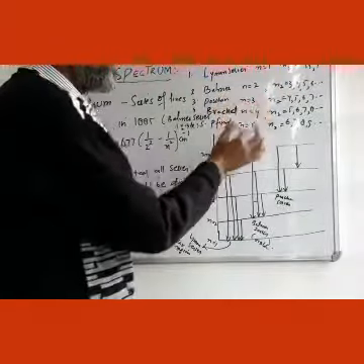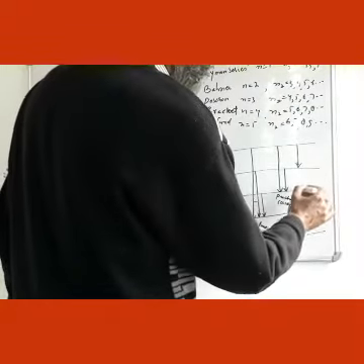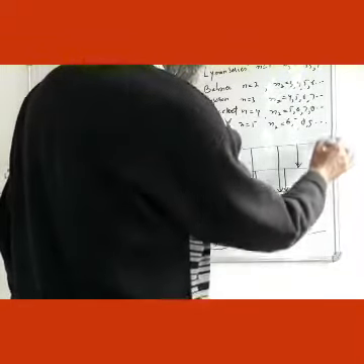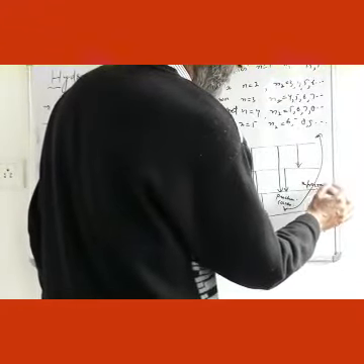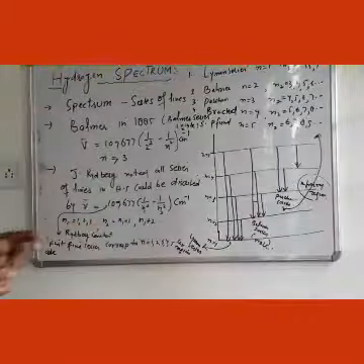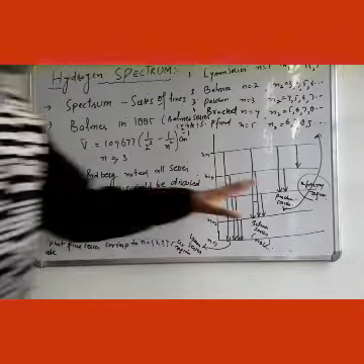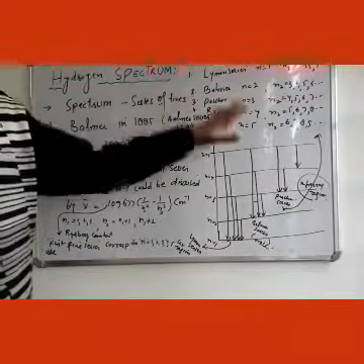All these three series, Paschen, Brackett and Pfund, fall in the infrared region. That means their frequency or wavelength falls in the infrared region.